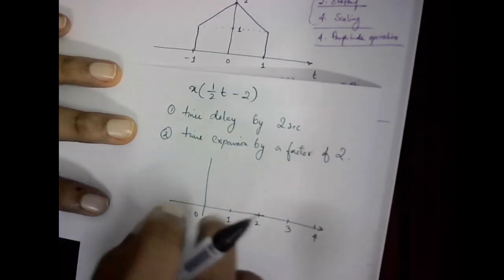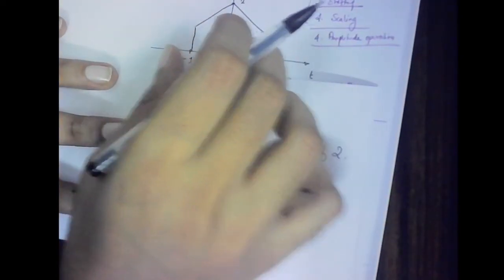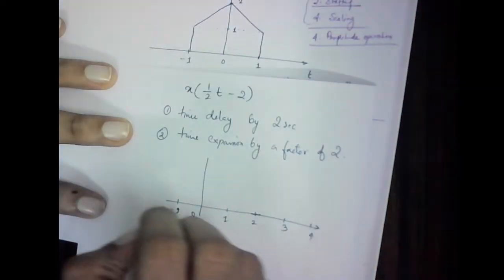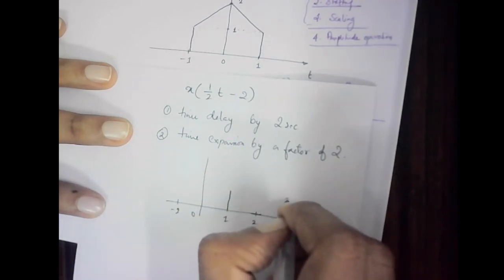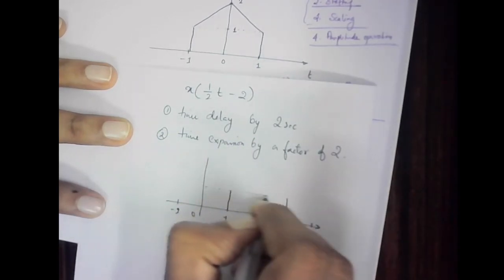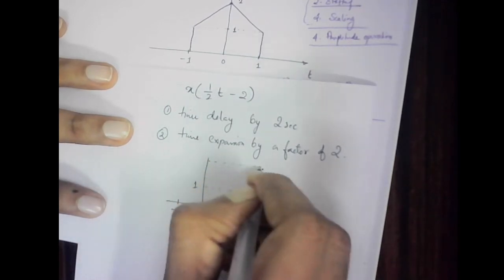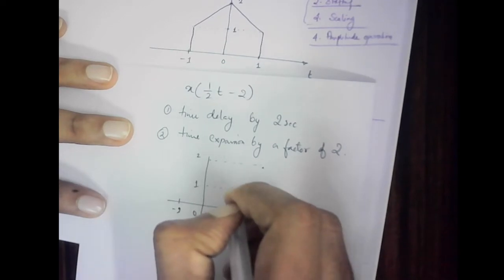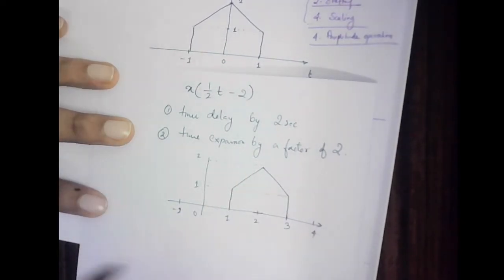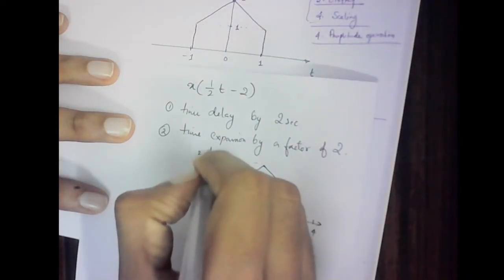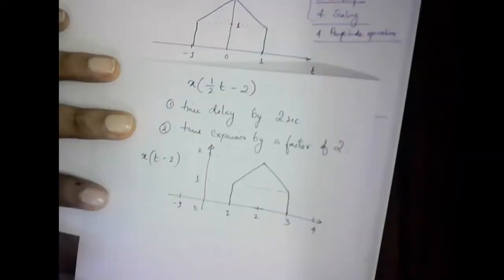Time delay by 2 seconds means I need to shift this 2 seconds to the right. So 1, 2, this amplitude is 1, and at 2 it is 2. So this operation will give x of t minus 2, correct?